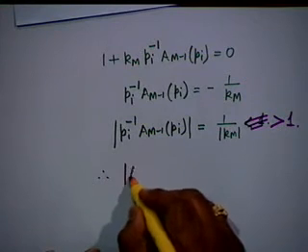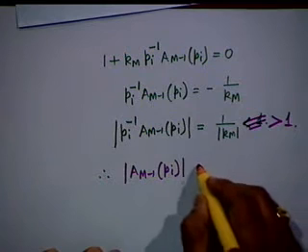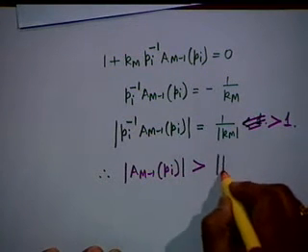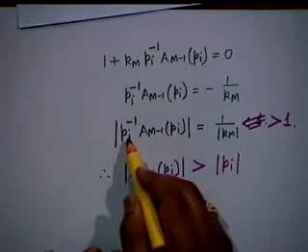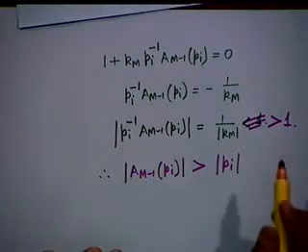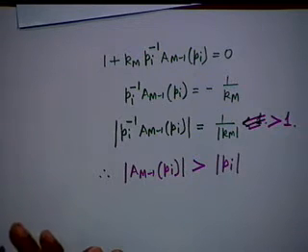Therefore, magnitude A_{M-1}(p_i) is greater than magnitude p_i. All right? Okay? No, this is okay. There is a p_i inverse, and it should be greater than p_i. Agreed?